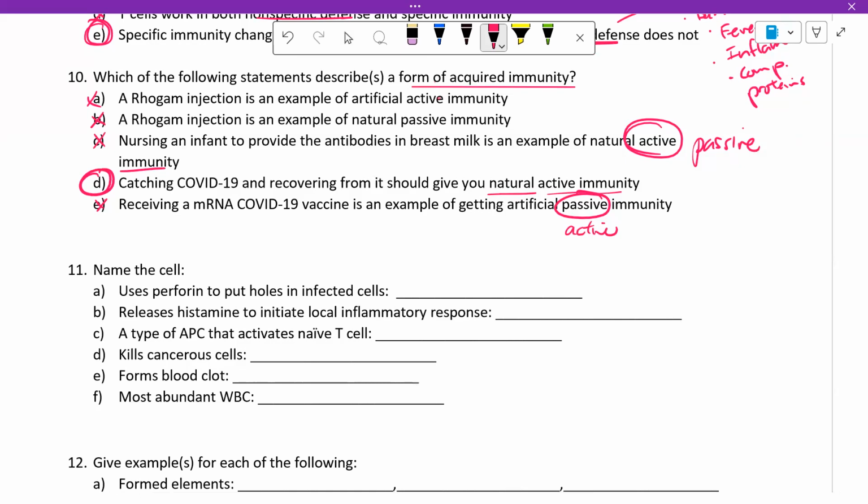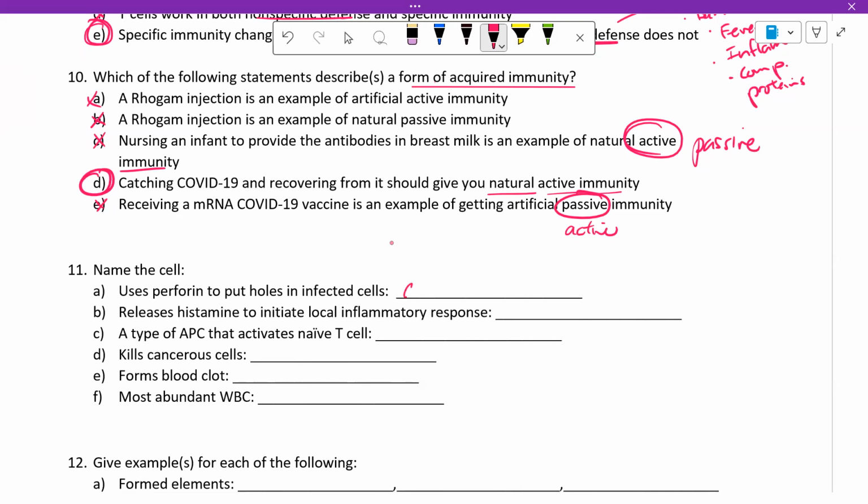All right, let's go through some of these things. Uses porphyrin to put holes in infected cells. That would be the killer T cell, the cytotoxic T cell. I don't know if I talked about porphyrin in the notes. It's just a protein that puts holes, but the point is they kill infected cells with these chemicals.